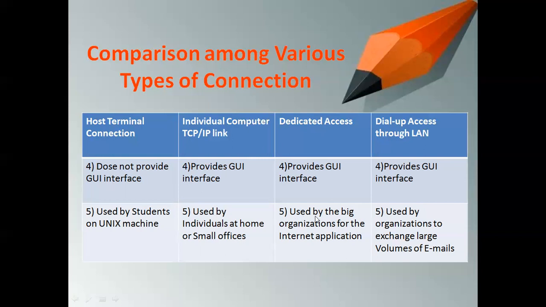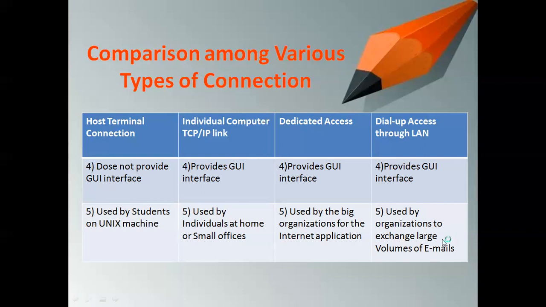Now next is the broadband connection, used by big organizations for internet applications. Most probably big organizations are using software, websites, and online connections, so they need these connections. And the last one, dial-up access through LAN, is also used by big organizations to exchange a large volume of emails.